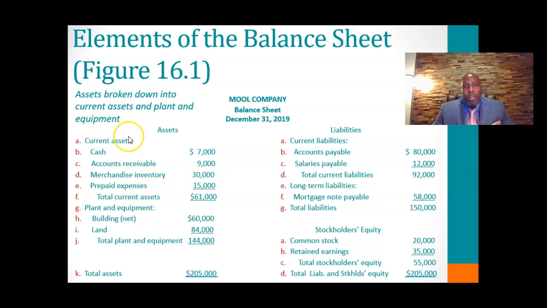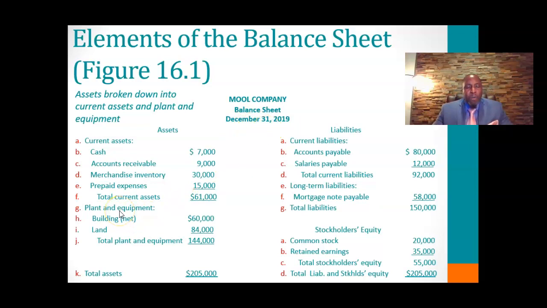When you think about current assets, these are assets that we're going to convert into cash or use up in a time period of less than 1 year from your balance sheet date. Again, current assets refer to asset accounts that we can convert into cash or will be used in a time period of less than 1 year from your balance sheet date.